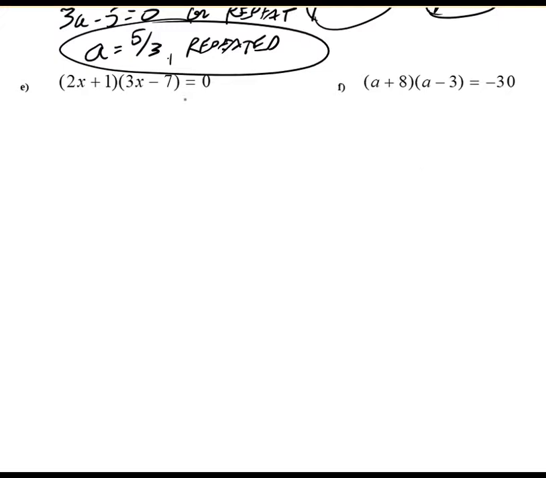One thing we notice with E is that this is factored form, and it's already equal to 0. So this is exactly what we want when we're solving. From here, we can just set each factor equal to 0.